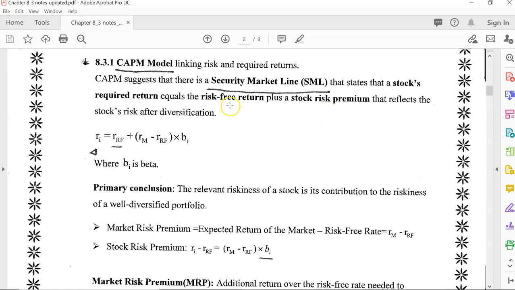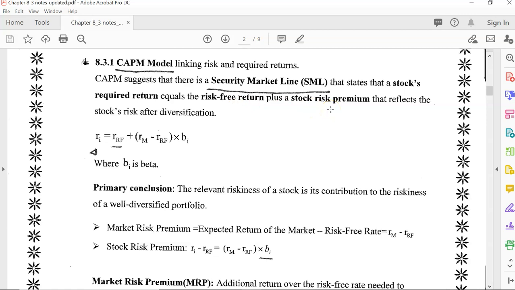So for riskless assets, the return is the risk-free return. For risky assets, for example stocks or bonds, the return equals the risk-free return plus the risk premium of the stock or the bond.